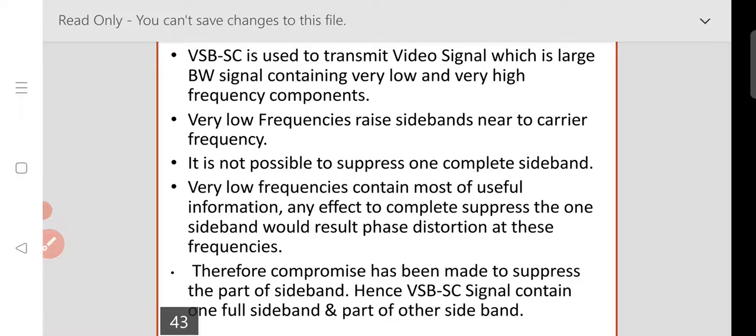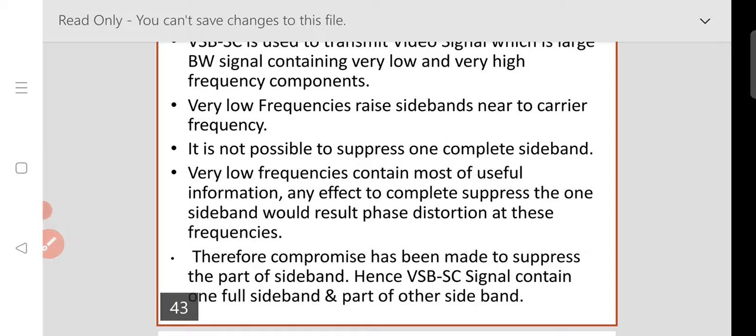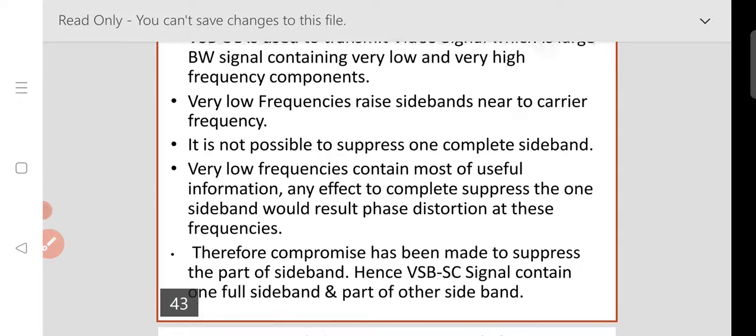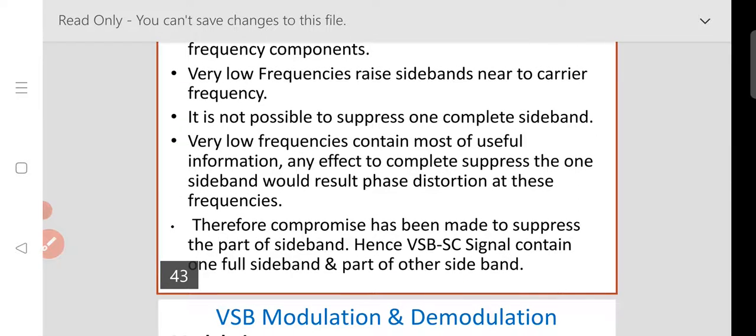Very low frequencies create sidebands very near to the carrier frequency. As I discussed in the previous session, the lowest frequencies create sidebands very close to each other. That's why we eliminated them in SSB-SC. But here those are very useful and we want to send them also.